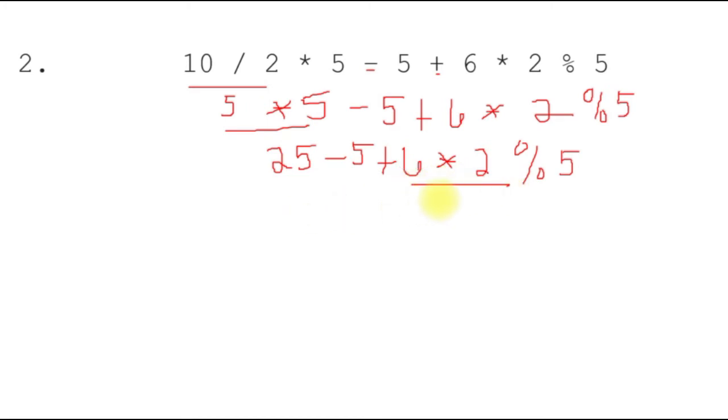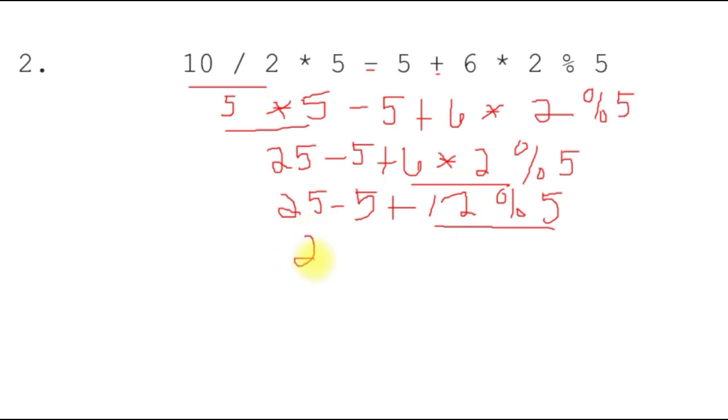So, here the answer is 12 modulo 5. So, i-write natin ito: 25 minus 5 plus 12 modulo 5.